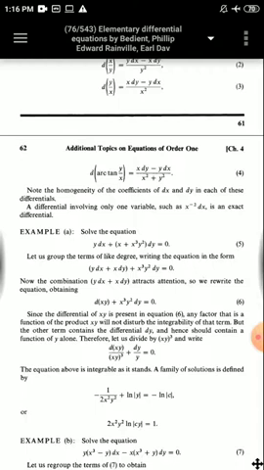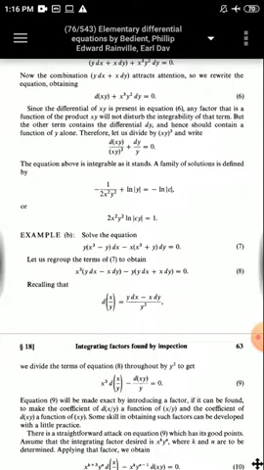Example B: solve the equation y into bracket x cube minus y dx minus x into bracket x cube plus y dy equal to 0. Now let us group the terms of equation 7 to obtain x cube into bracket y dx minus x dy minus y into bracket y dx plus x dy equal to 0.